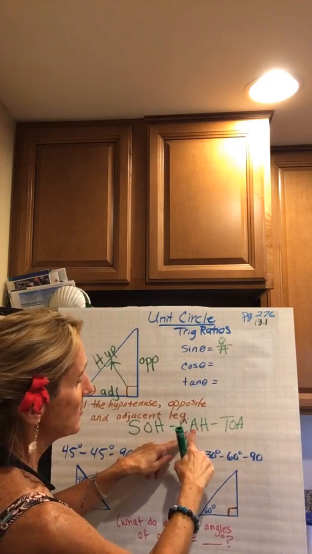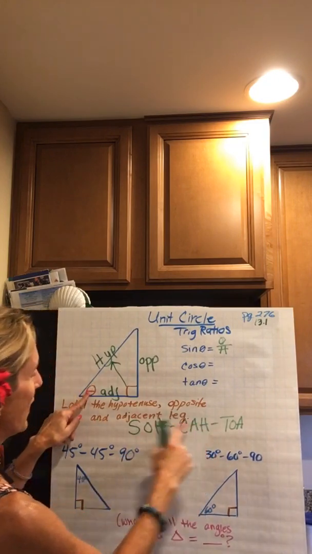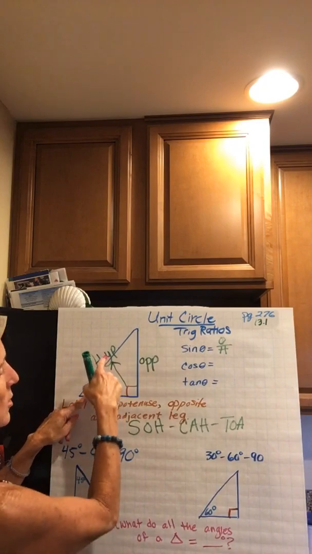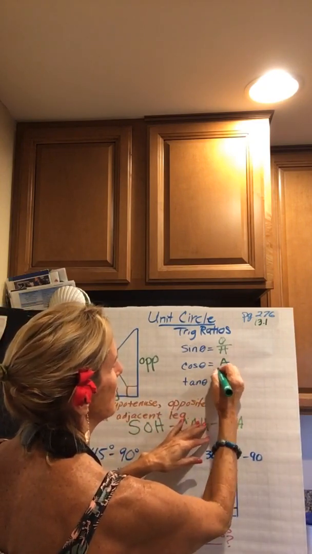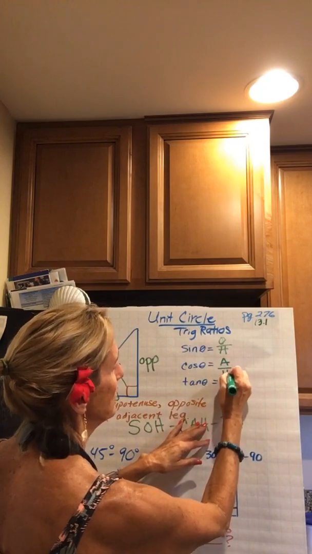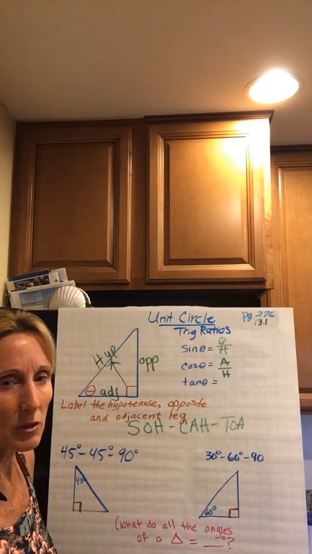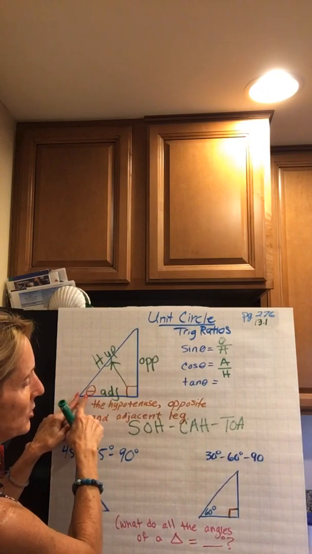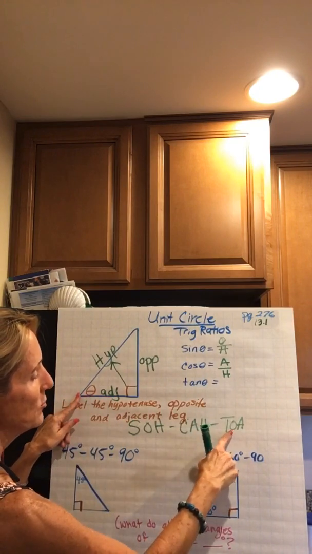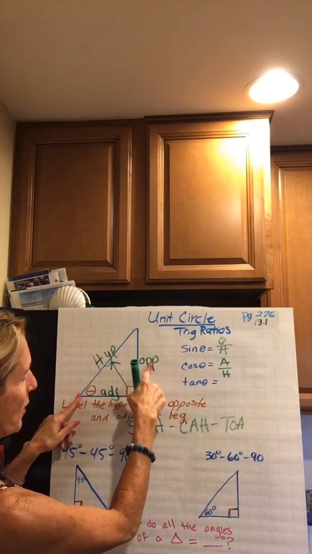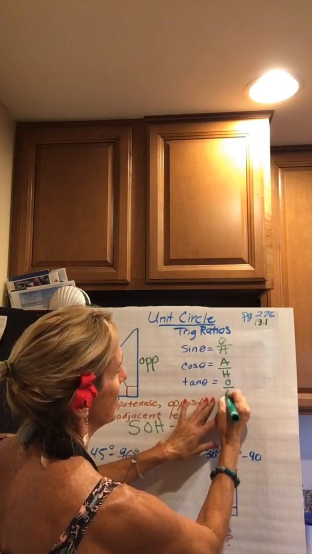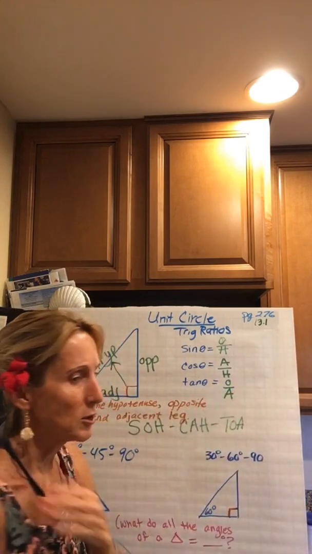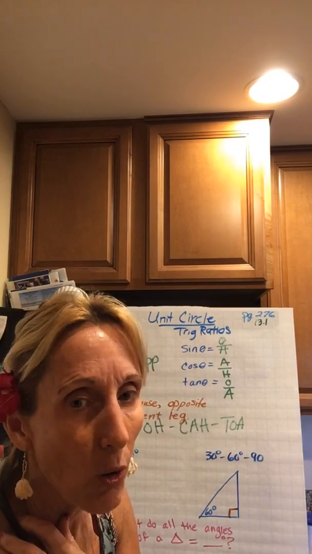That's adjacent over hypotenuse. So that would be this leg over hypotenuse. It's just putting your legs in an order. And then tangent would be TOA, which is opposite over adjacent.